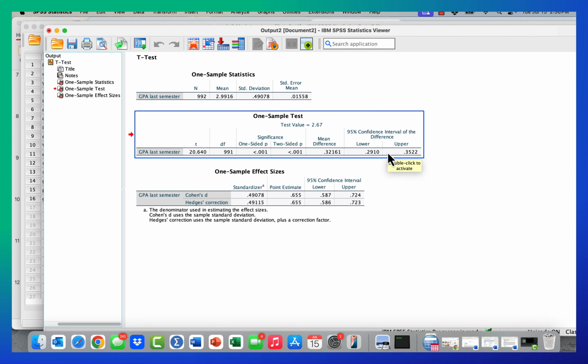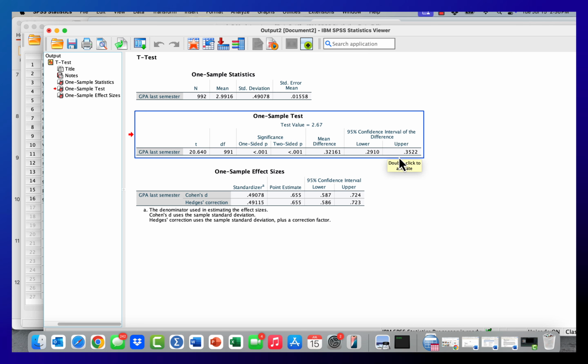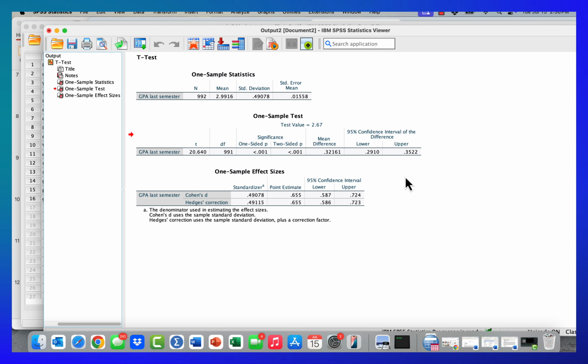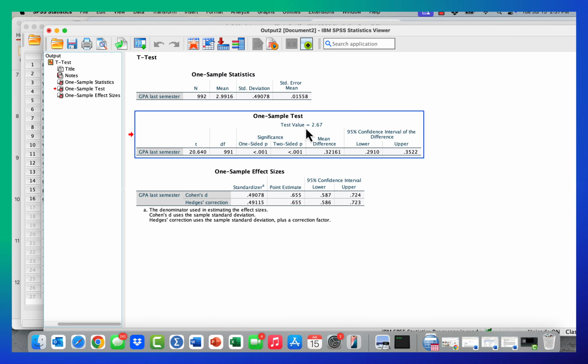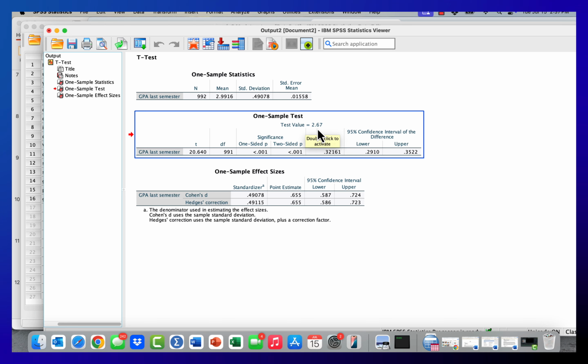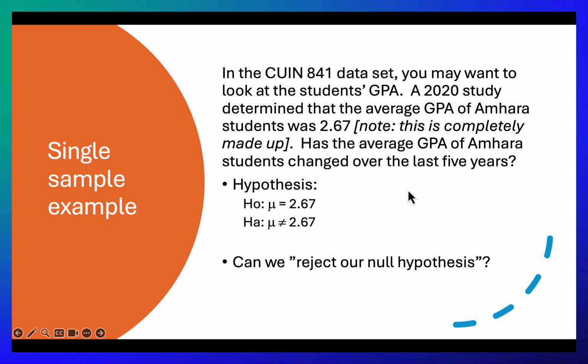But because it's between positive 0.29 and positive 0.35, we can be pretty confident that there's a lot of evidence supporting the alternative hypothesis, which leads us to reject our null that our students' average test score is equal to 2.67.